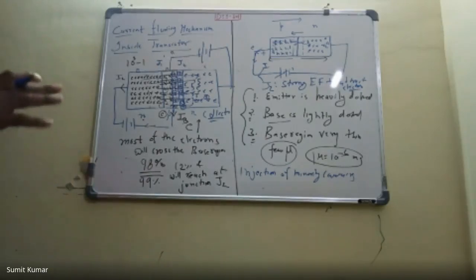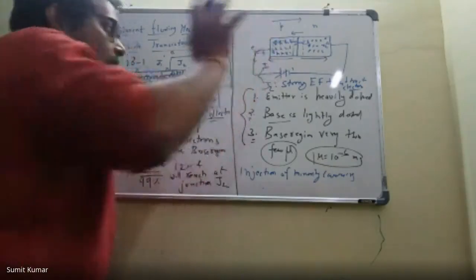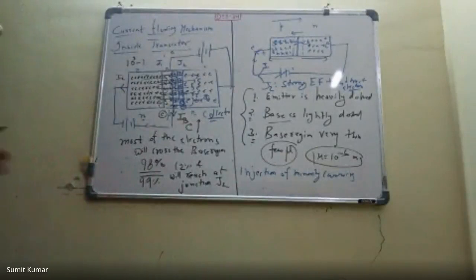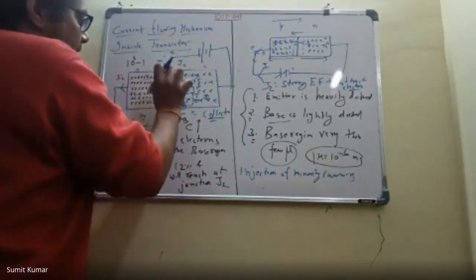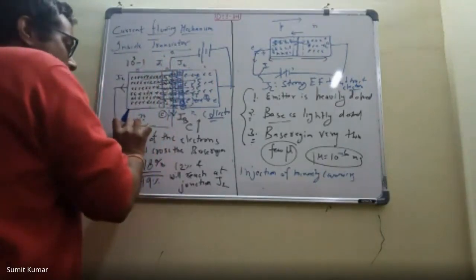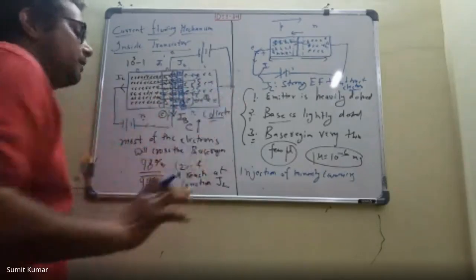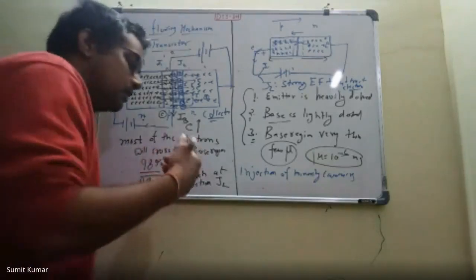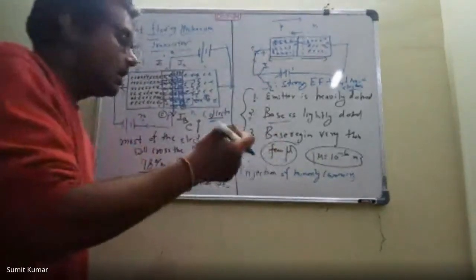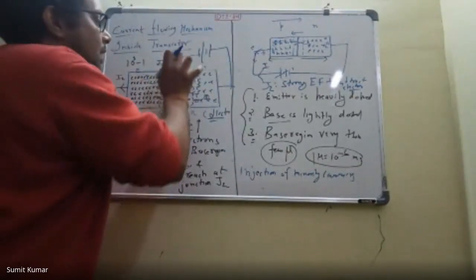But right now the big picture is that this is how the current is flowing inside the transistor. These electrons are being injected by the emitter when we apply the forward biasing here, and then these electrons cross the base region, and very few electrons recombine with the holes, and 98 to 99% of the electrons move forward, and those electrons are attracted by this strong electric field.